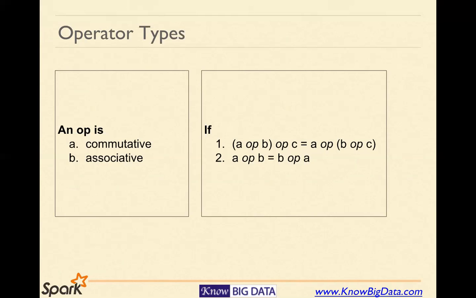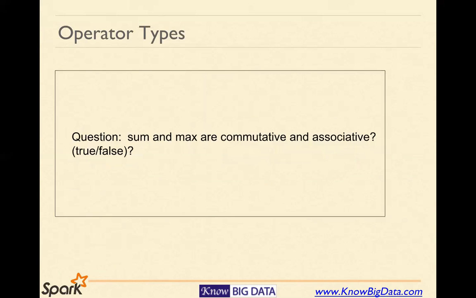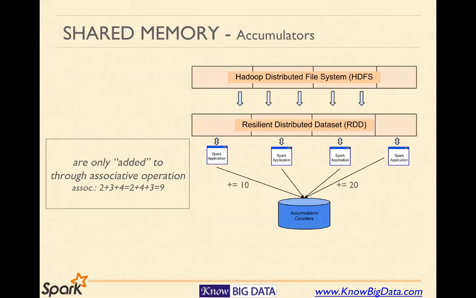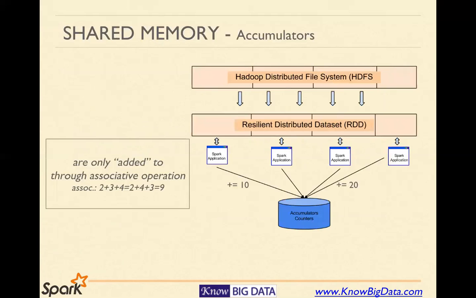Yes. So 2 is commutative. Sum and max are commutative and associative. Correct. All right.